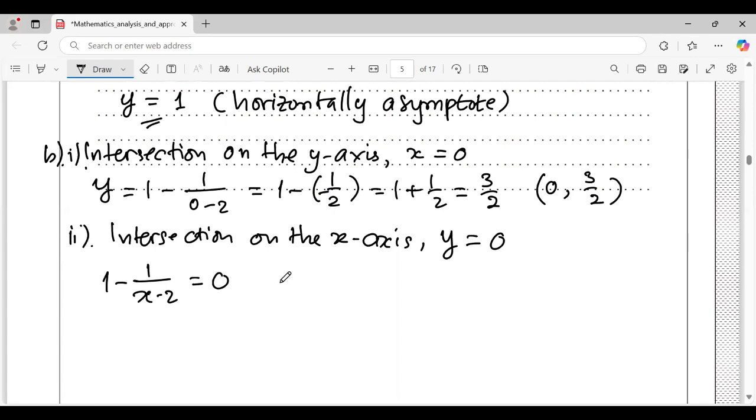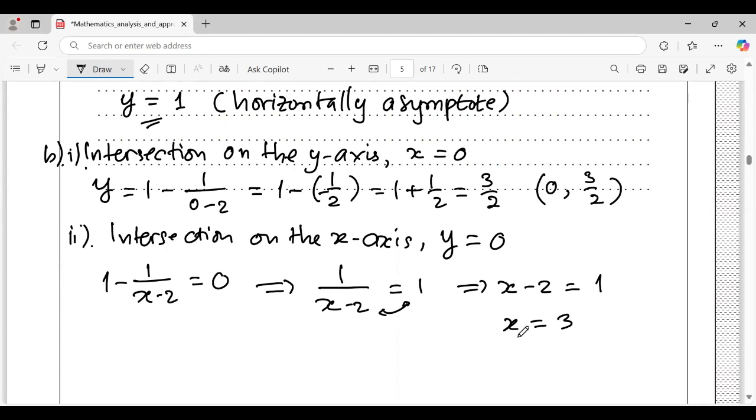So it's going to be 1 over x minus 2 equals 1. If we multiply x minus 2 by 1, it's going to be x minus 2 equals 1, and x equals 2 plus 1, which is 3.